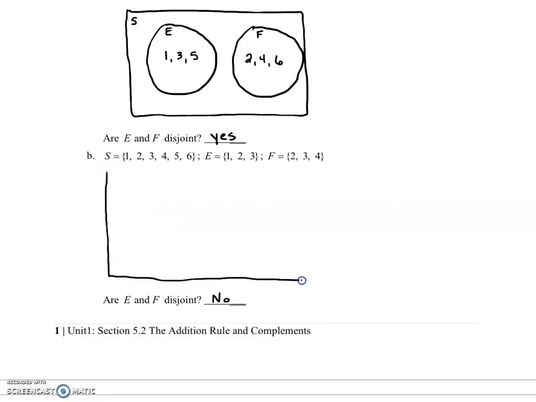So if we draw our S, and if we look at E and F, they overlap at 2 and 3, because 2 and 3 are in both of them.